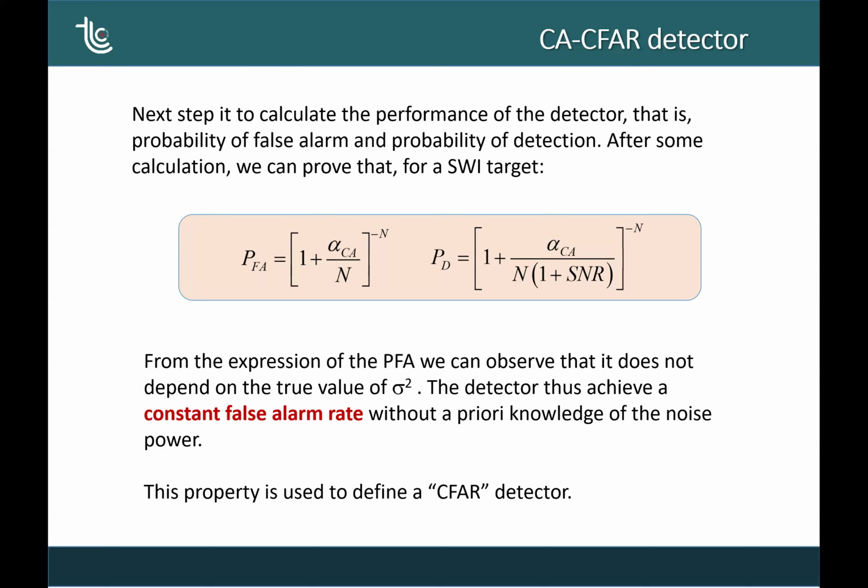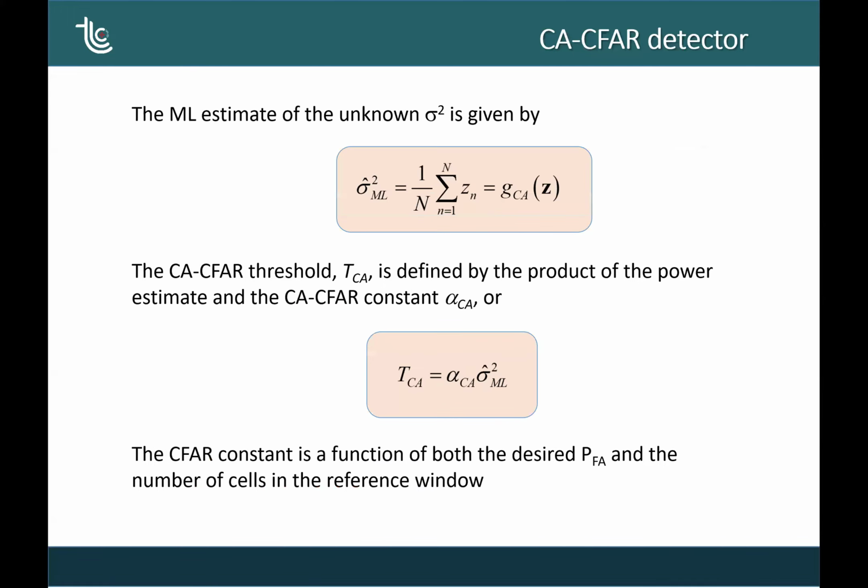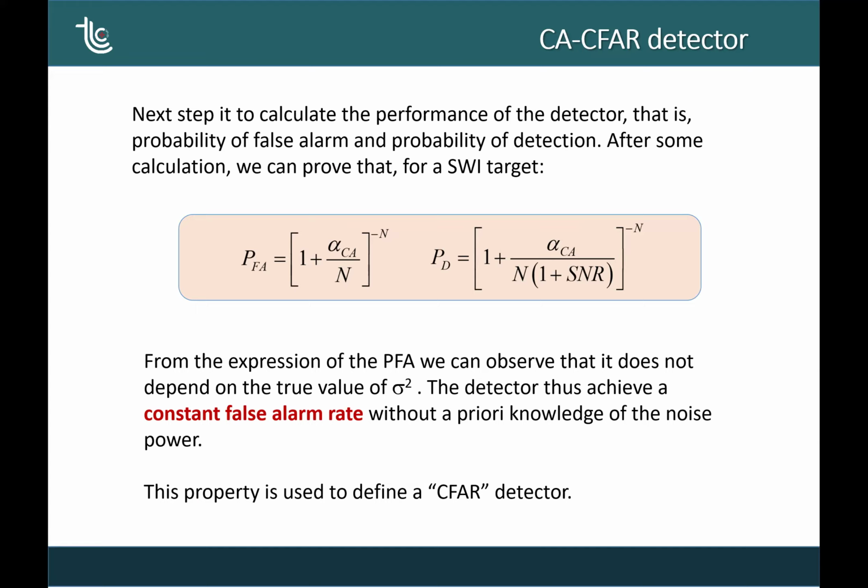N is the number of samples coming from the secondary cells, the surrounding range cells, used for estimating the power of the noise. As you can see in the expression of the PFA, there is no unknown power of the noise. So we can fix the threshold simply by fixing the PFA.